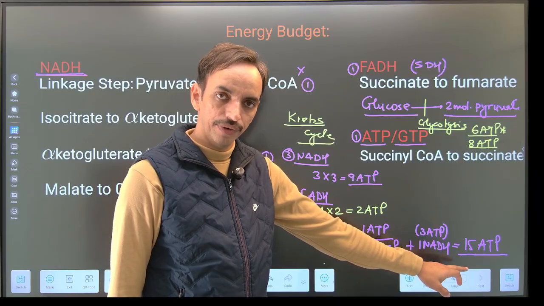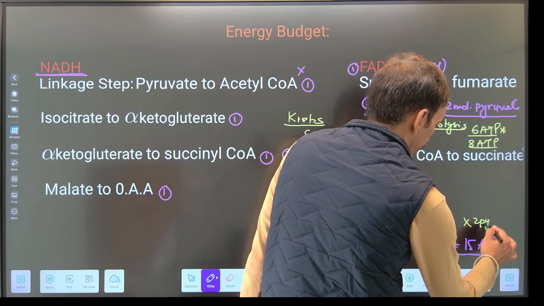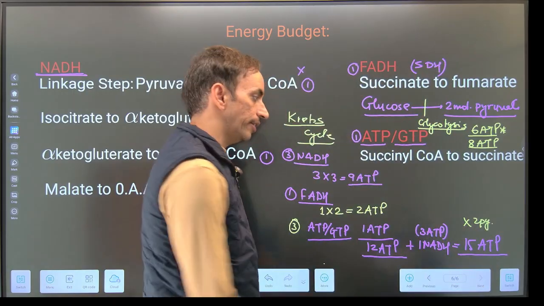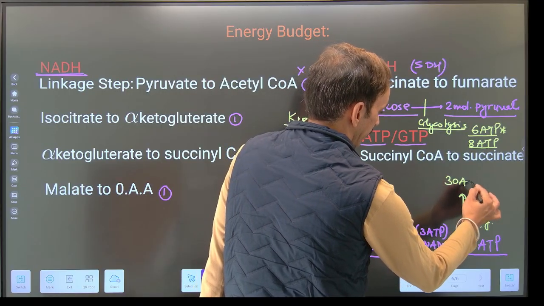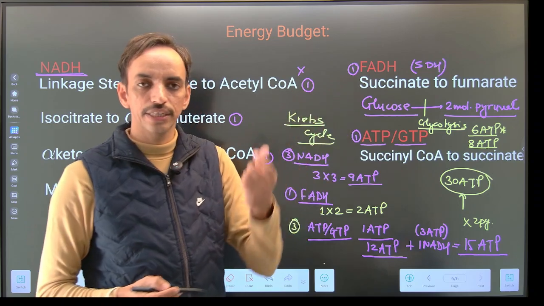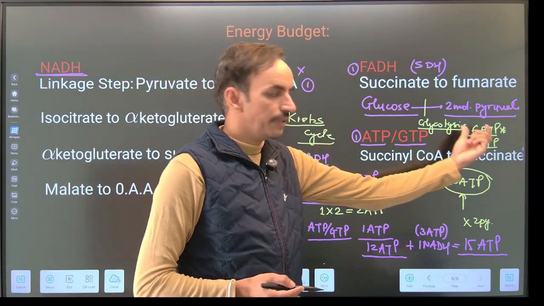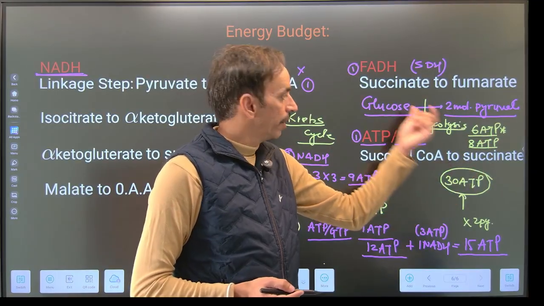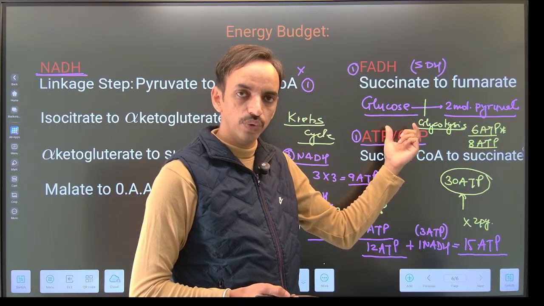और फिर एक पाइरुवेट से कितनी ATP मिल रही है, 15 ATP। तो दो पाइरुवेट से कितनी मिलेगी, तो 2 पाइरुवेट से अगर इसको अपन multiply करें, इंटू 2 करें इसको, तो it will be 30 ATP। अपन निकालने की कोशिश कर रहे हैं एक ग्लूकोज से कितनी एनर्जी मिलेगी in the form of ATP। सो from glycolysis we are getting 6 or 8 ATP. From glycolysis we are also getting 2 molecules of pyruvate from one glucose molecule.